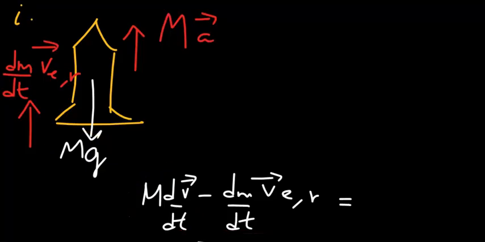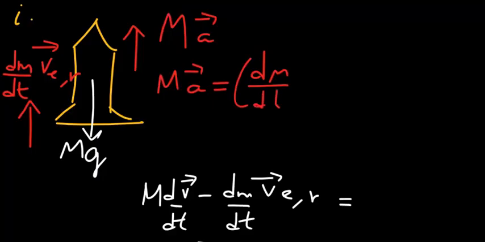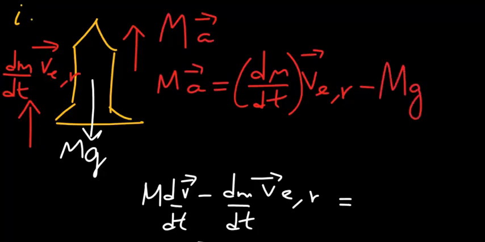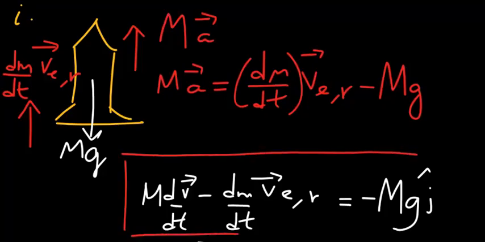So immediately you see ma equals the upward thrust, dm/dt times v_er, minus the effect of the weight. So on the right hand side of this equation, one should add minus capital Mg j hat. So there we have it. This is the first rocket equation.